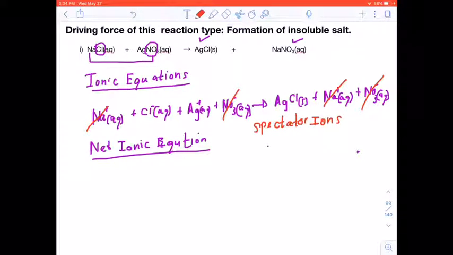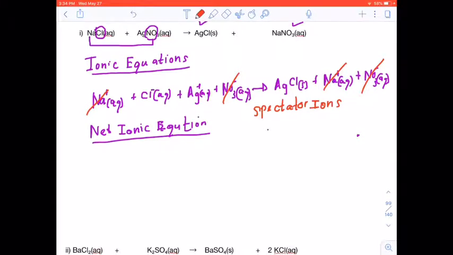They appear on both sides of the equation, and they are not contributing to the net effect of this overall reaction.